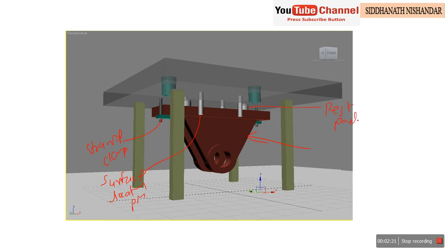The contact of the component with the plate is minimum, to avoid friction, and during machining there is space for removing the chips, so provide some space at the base.